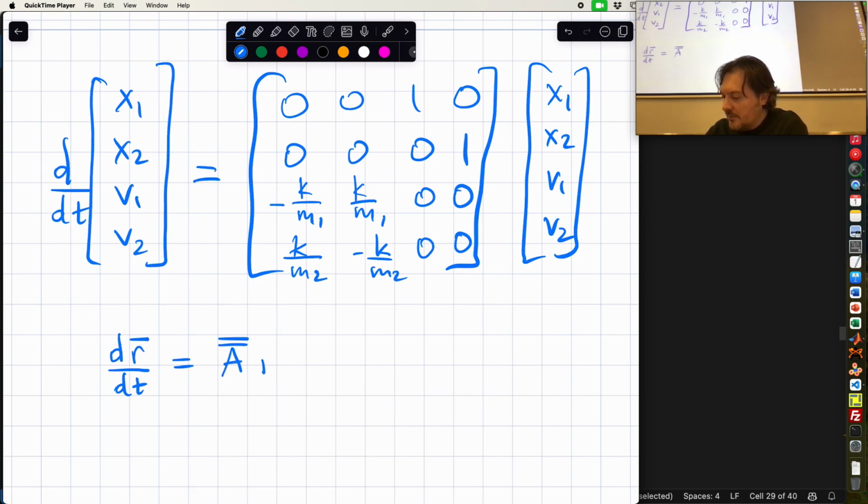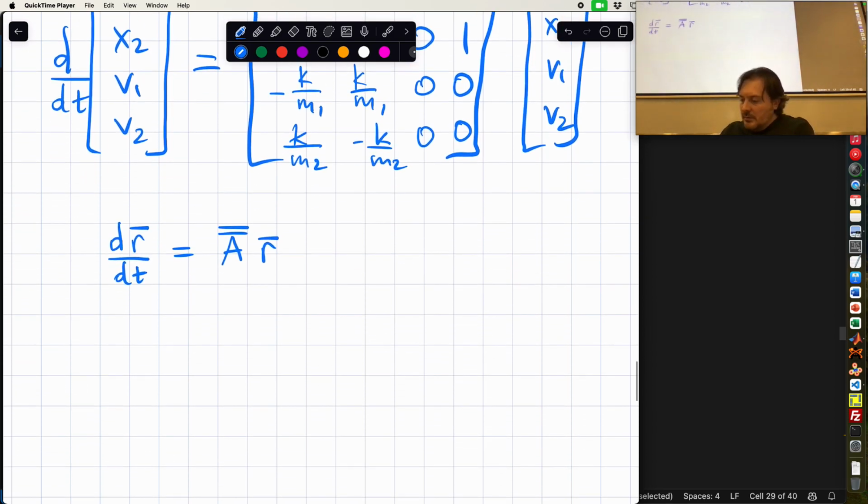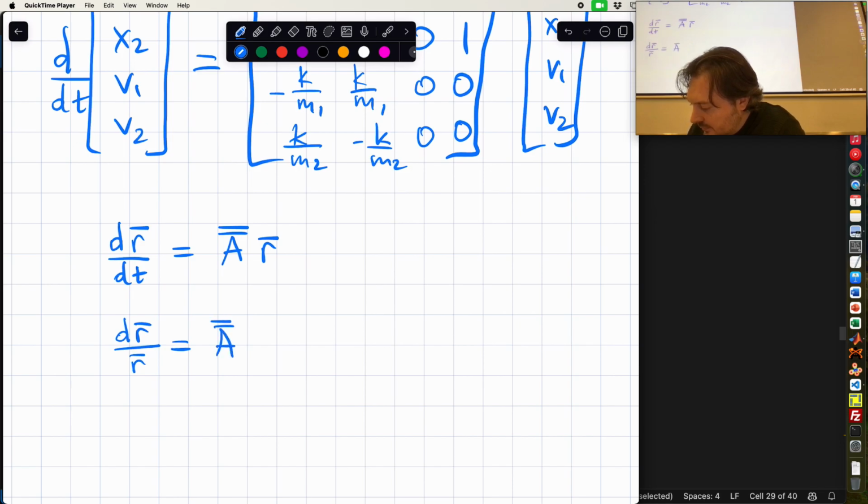Matrix A times r. Okay? Hopefully, without doing any mathematical sin, we can write it like this, dr/dt equals A r. And then integrate it.